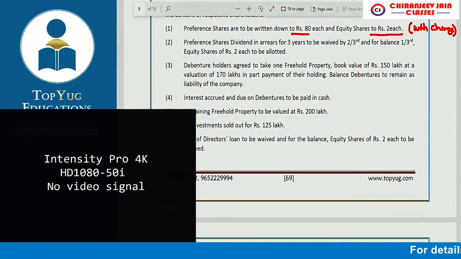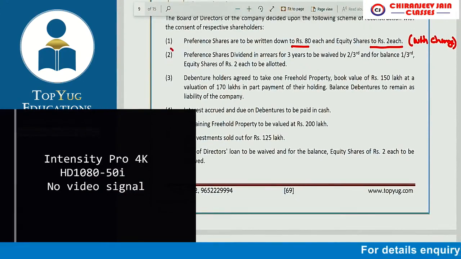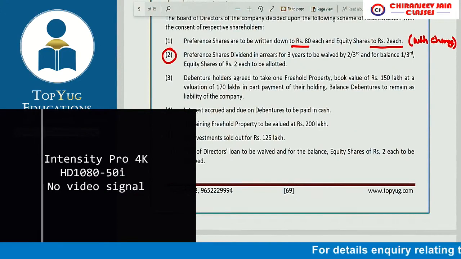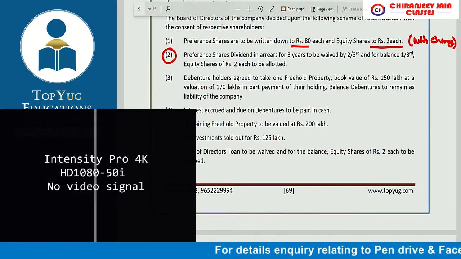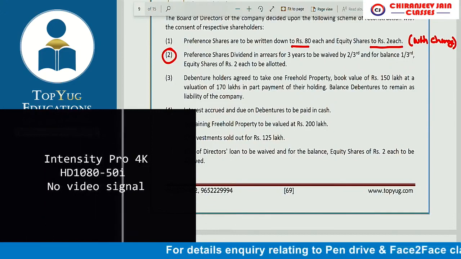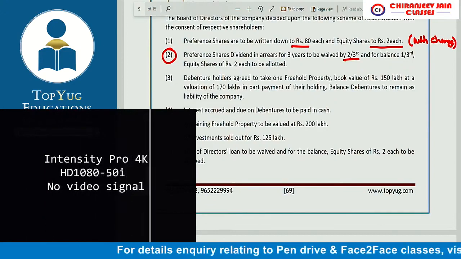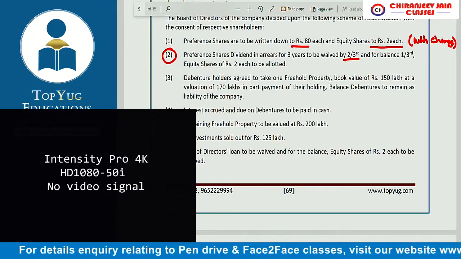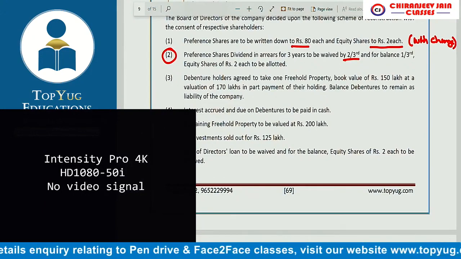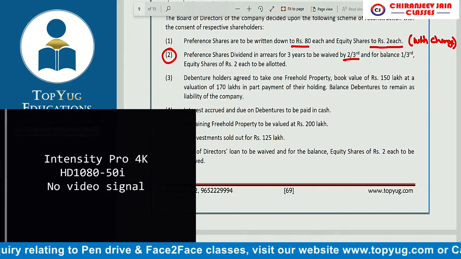Point number 2. Preference share dividend is in arrear for 3 years, to be waived 2/3. It says to be waived, meaning to be cancelled 2/3, and for the balance 1/3 equity shares of rupees 2 will be allotted.